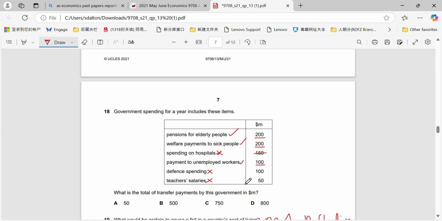And teachers' salaries would be current spending. They're not transfer payments. Remember, there's three types of government spending. There's the non-exhaustive forms, which are transfer payments, and there is the exhaustive forms of government spending, which are current and capital spending. Capital is the spending on building infrastructure. Current spending is the spending on keeping those goods and those services running.